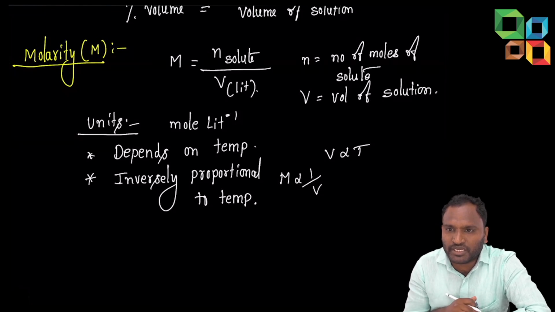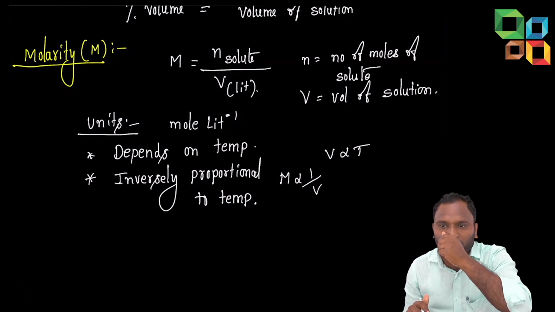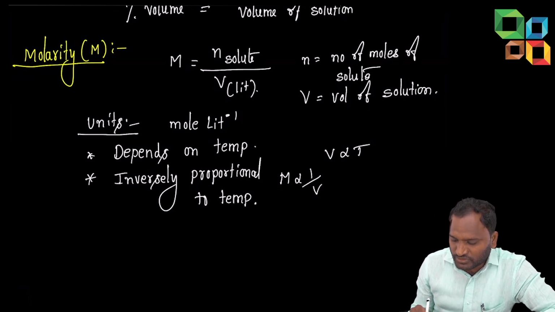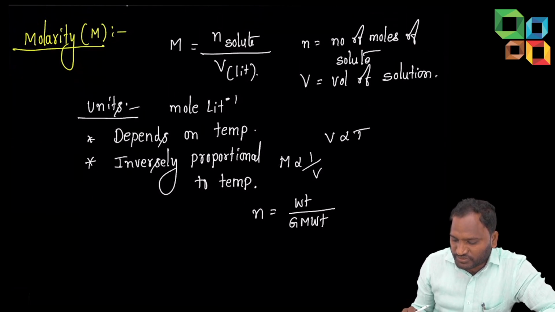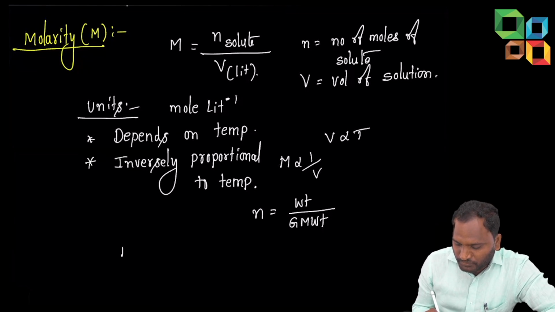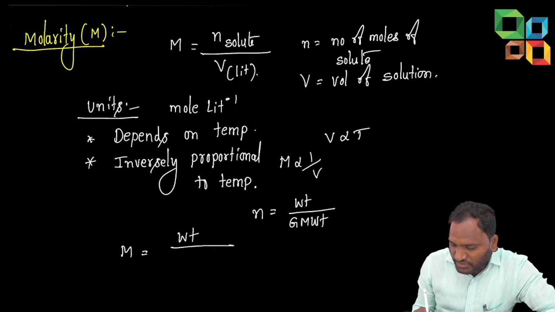Now, in most cases they are giving the weight of solute and the solute name. So better to convert in terms of weight of solute and molecular weight. You know, n is equal to weight by gram molecular weight. So from the basic equation, we can write molarity as weight by gram molecular weight of solute into V in liters.